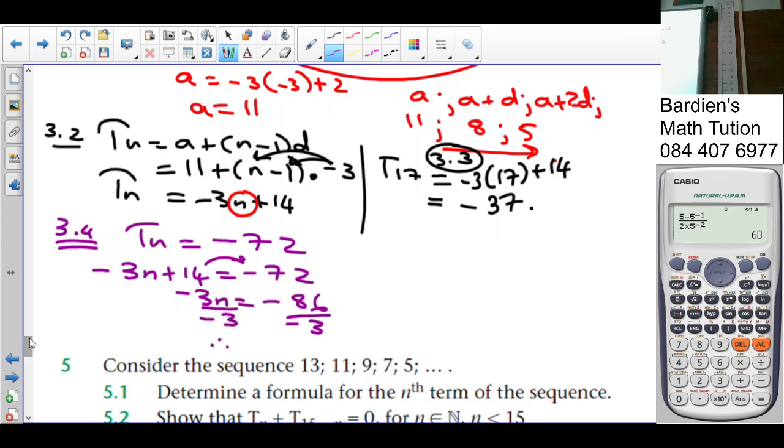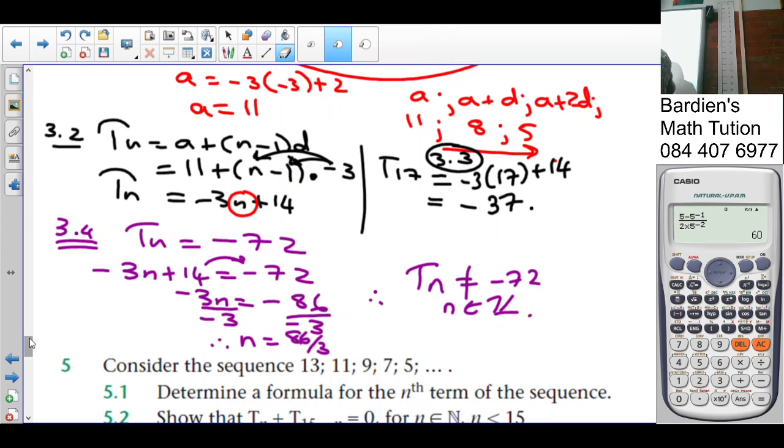So n is equal to 86 over 3, which is not going to simplify. It's going to remain a fraction, correct? Therefore Tn can never be equal to negative 72. Why? Because n needs to be an element of the natural numbers. Any confusion there? No?